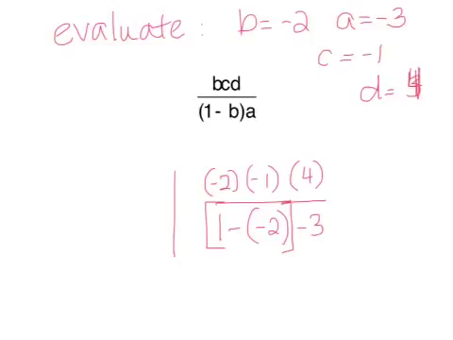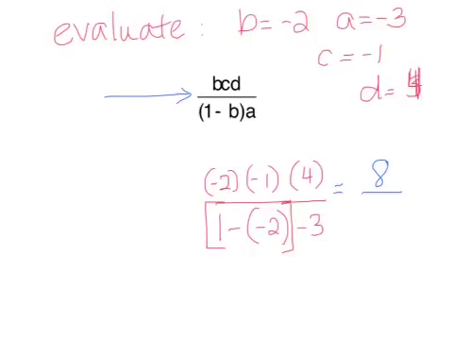Now, the one thing I don't want you to forget is that the fraction bar is a grouping symbol. So that means that you actually have to do everything in the numerator and then deal with the denominator. Okay, so we've got negative 2 times negative 1, which is 2. 2 times 4 is 8. Okay, so we've got 8. And then we've got to do our parentheses first in the bottom.